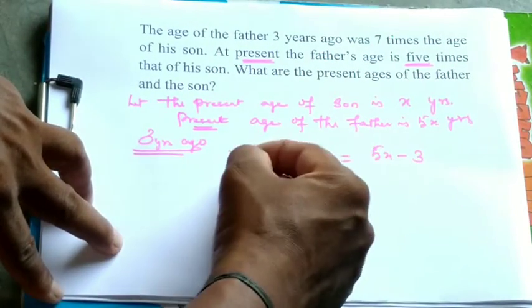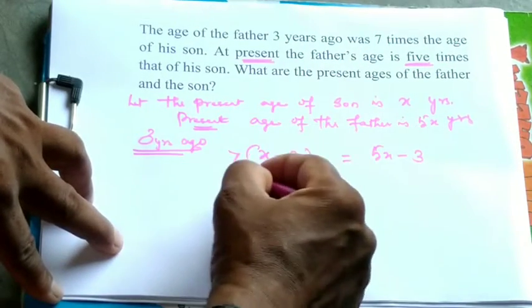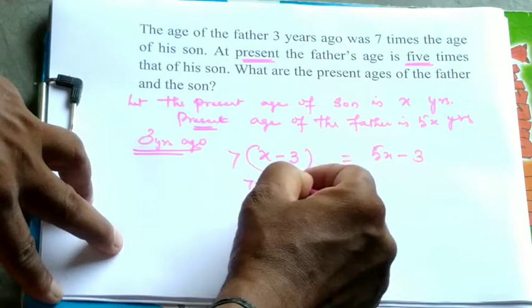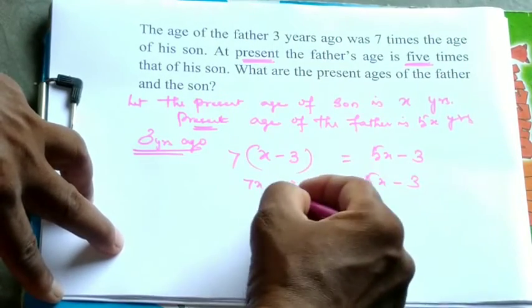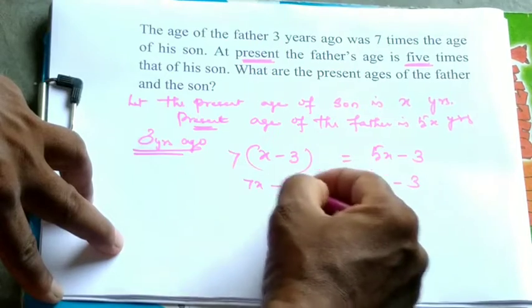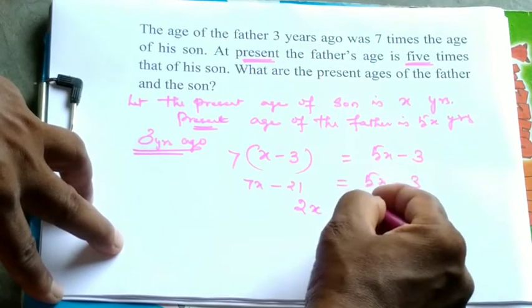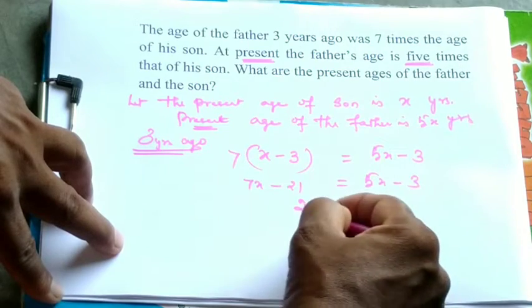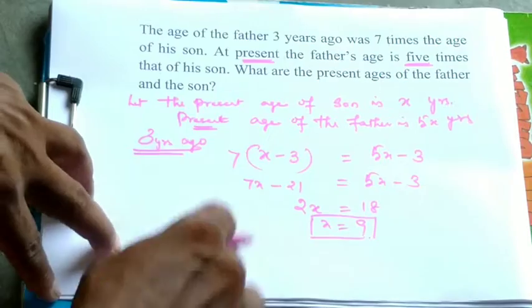Simplified, this is 7x minus 21 equal to 5x minus 3. Simplify it: 7x minus 5x, 2x, and it goes to that side as plus 18. Now x equal to 9.